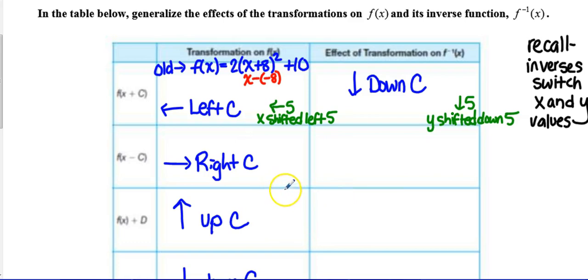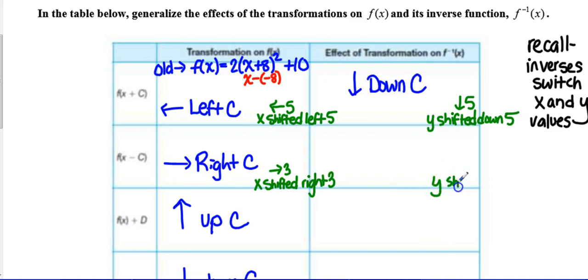Let's keep going with our little green notes. If the green notes help you visualize it, please add them. Otherwise, follow the conversation and be with me for the conclusion. So let's say right. I'm going to pick right 3. So x shifted right 3. Well, dealing with an inverse, we're now talking y.